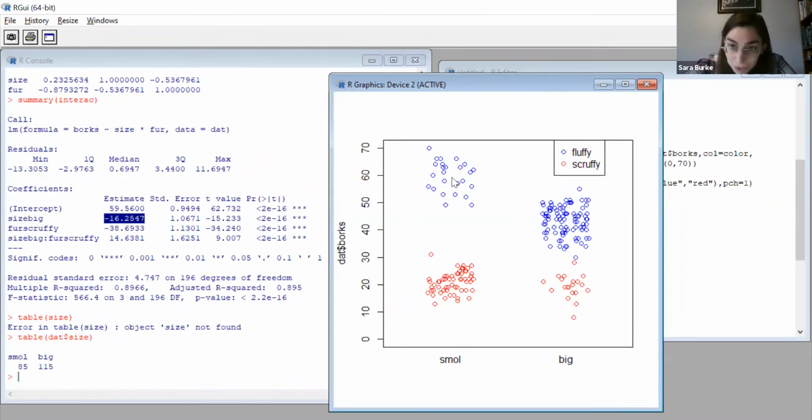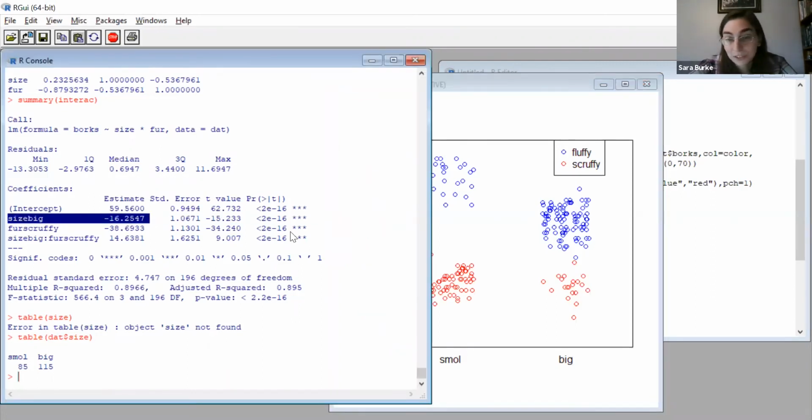How much different would that slope be for the scruffy dogs? I know that big dogs are borking 16 points less when I'm focusing on fluffy dogs only, but what if I was to focus on scruffy dogs only? How much less would the big dogs bork than the small dogs then? Well, it would change this value by 14.6. So the big dogs would only be borking around 2 points less.